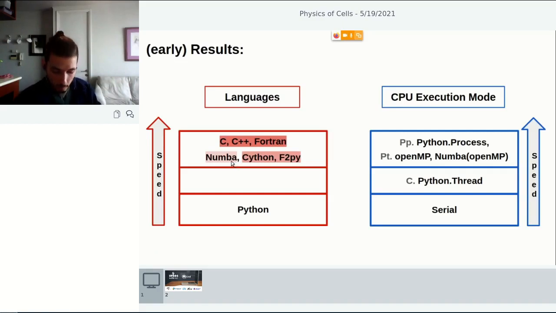You just need to place a one-line decorator above your function, and if you want a parallel process like Numba with OpenMP, you just need to put an extra argument on this line, and then you have code that runs as fast as C or Fortran in that part of the code.